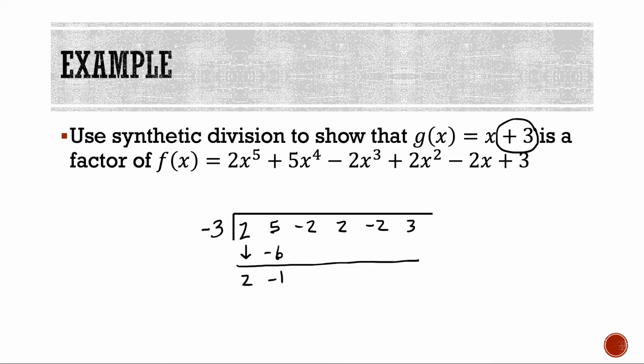And then we continue with that process. So negative 3 times negative 1 is positive 3. When I add, I get 1. Negative 3 times positive 1 is negative 3. When I add, I get negative 1.